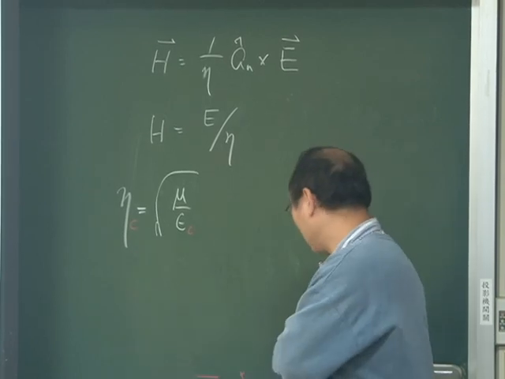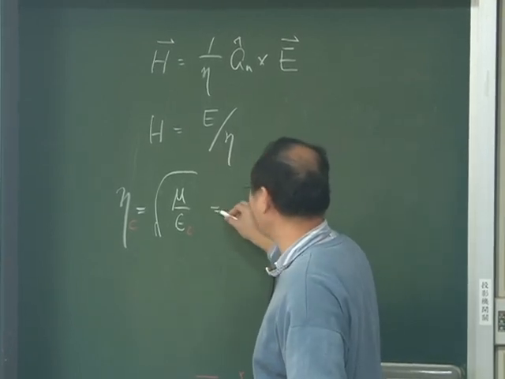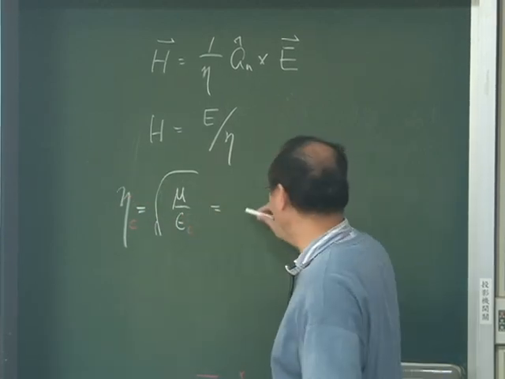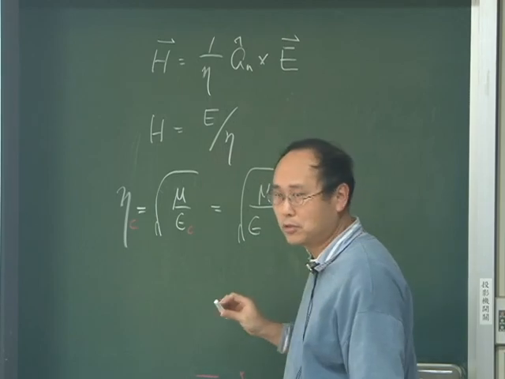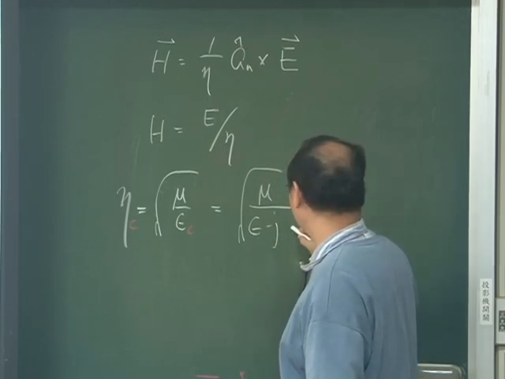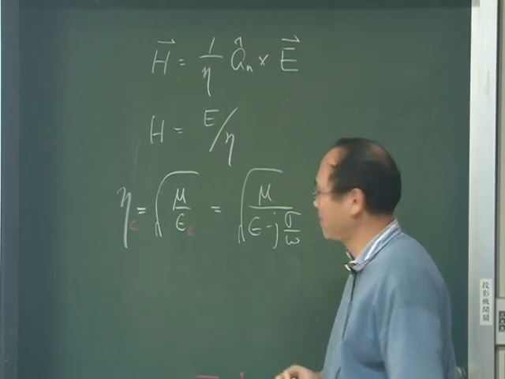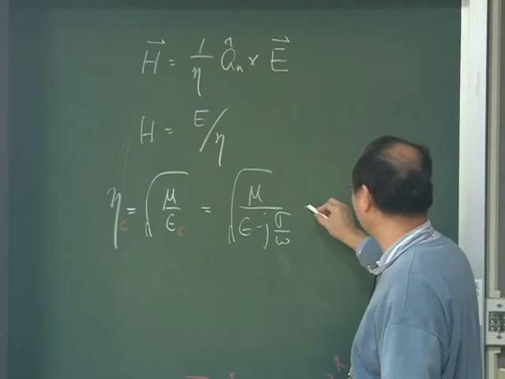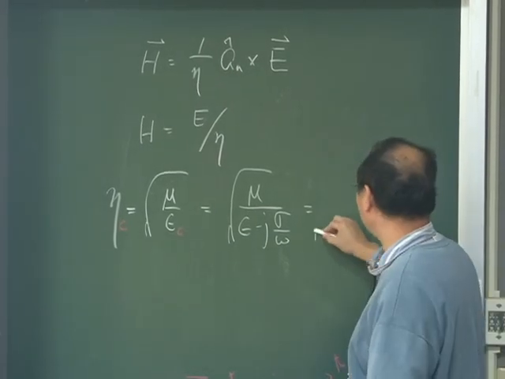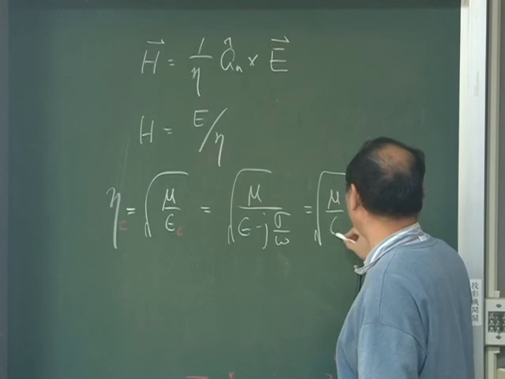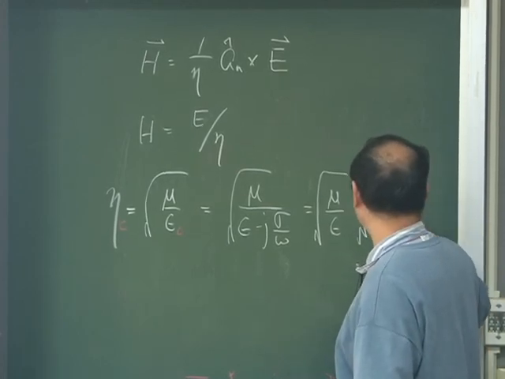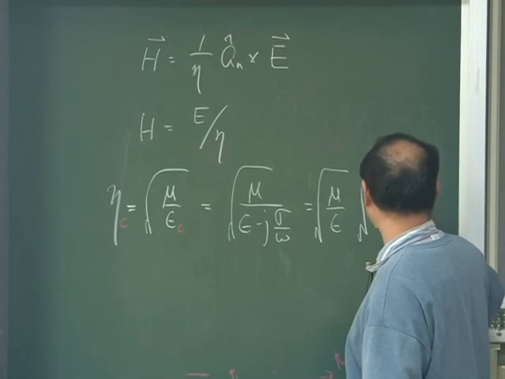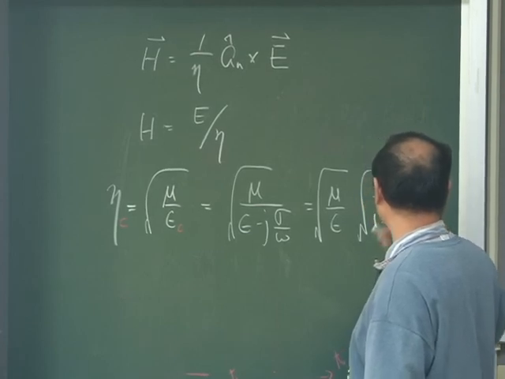Okay. 那在这里呢，for that case, you have epsilon c is equal to epsilon minus j sigma over omega. So you can do the same approximation by taking out mu over epsilon, and then you have 1 over 1 minus j sigma over omega epsilon.